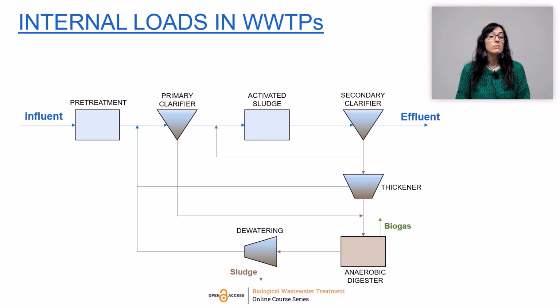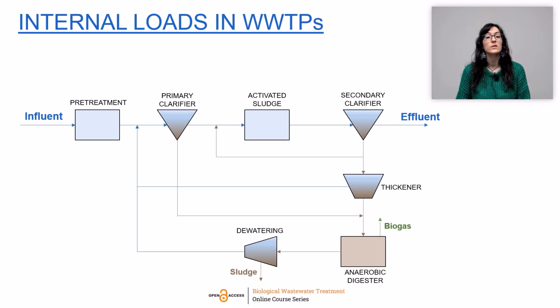A sludge stream will be produced by the primary and the secondary clarifier, and this sludge stream needs to be further treated in what is called the sludge line of a treatment plant. And here the sludge streams are indicated in brown. So, to treat the sludge, it first needs to be thickened.